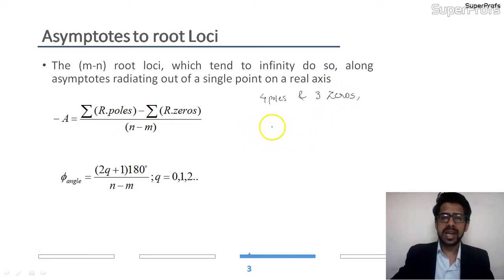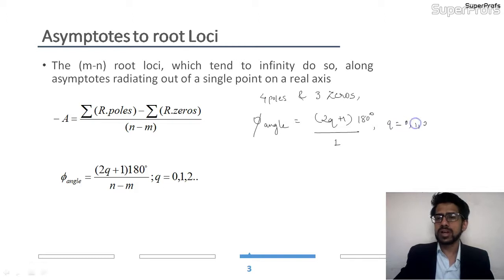Let us calculate the angle at which this particular root loci segment, which was only 1, will travel towards infinity. The angle would be given by (2q plus 1) upon the value of n minus m, which is 1, into 180 degrees, and q will be 0, 1, 2 depending upon the number of root loci segments. As we just have one root loci segment, we will just put q equal to 0.